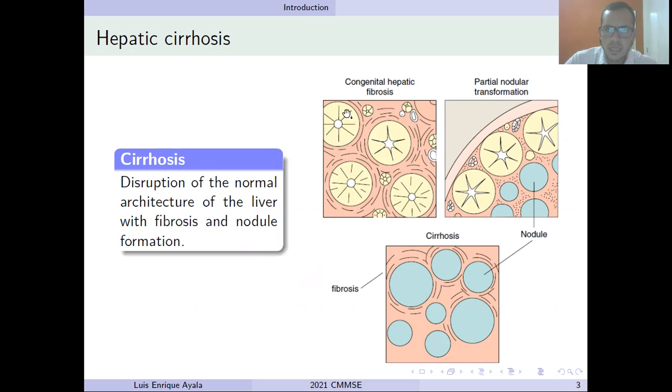In congenital hepatic fibrosis, scar tissue or fibrosis can be observed, in partial nodular transformation disease, nodules can be observed, and in cirrhosis, both features, fibrosis and nodules, can be observed.